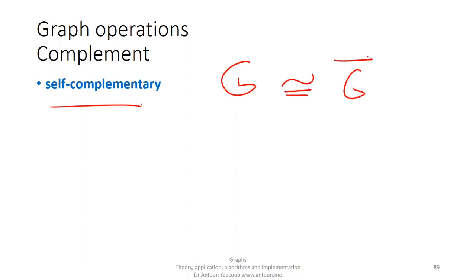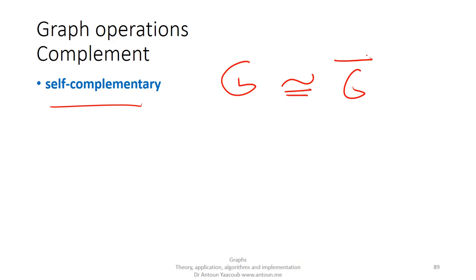We say that a graph is self-complementary if the graph is isomorphic to its complement. We'll see that, and in the practice you will have an example of a graph that is self-complementary.